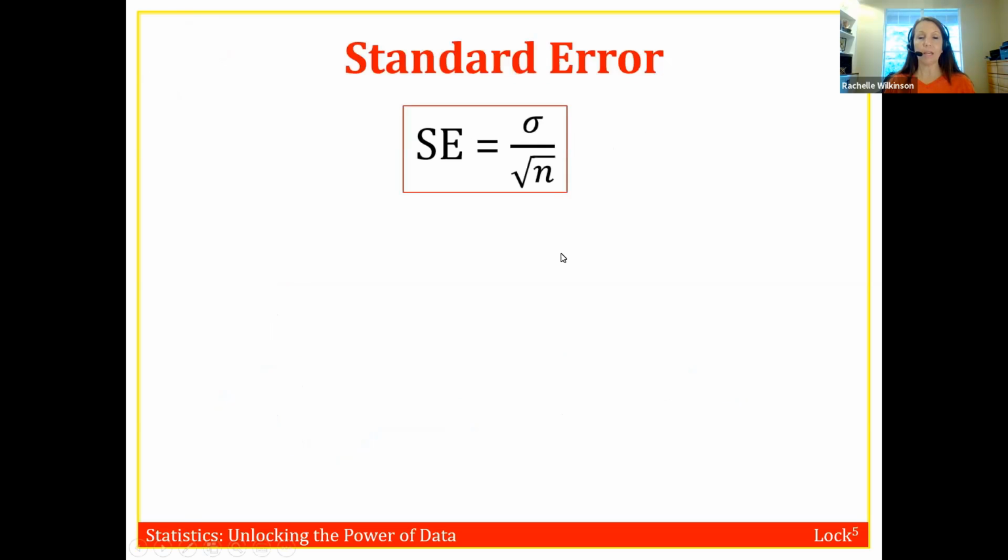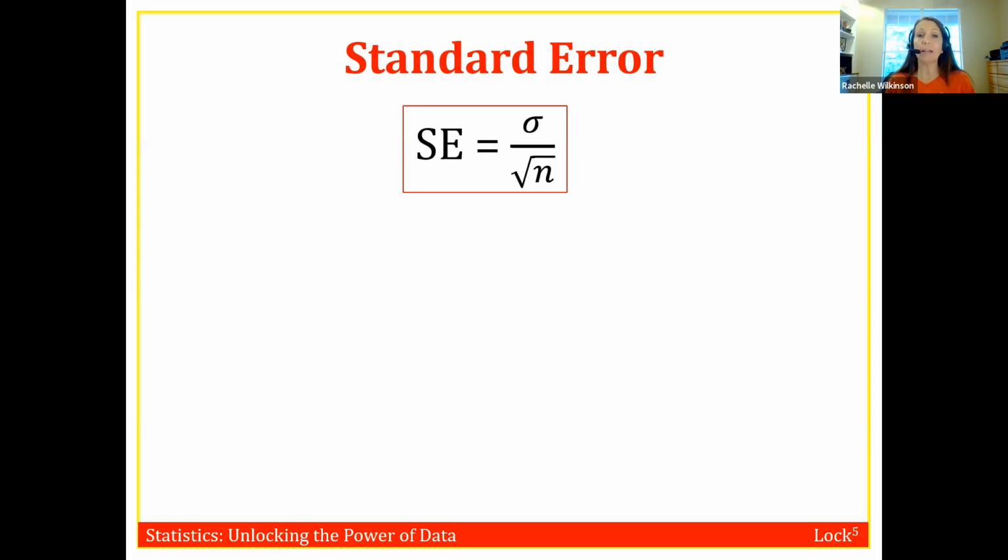All right, so we said that the standard error when we're working with one mean is going to be equal to sigma over the square root of n. But as we just discussed, sigma is the population standard deviation. So in practice, we most of the time don't know what the population standard deviation is.